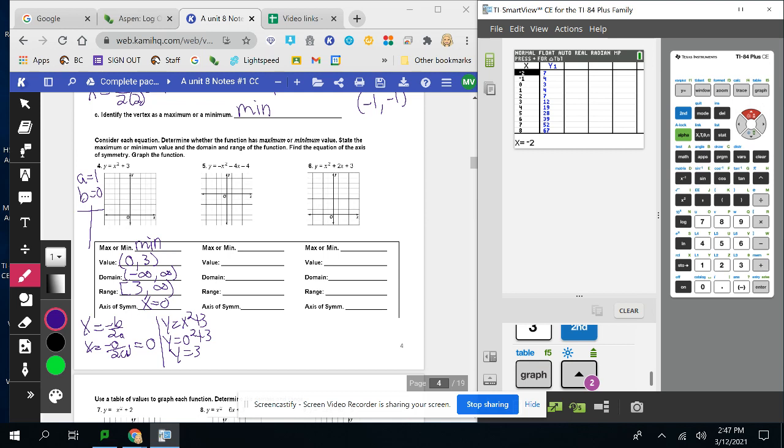So I'm going to plot -2, 7, -1, 4, 0, 3. And you can see the symmetry because you can see that they're mirror images. So -2, 7. -1, 4. 0, 3. 1, 4, 2, 7. Connect with a smooth curve. And there is my problem.